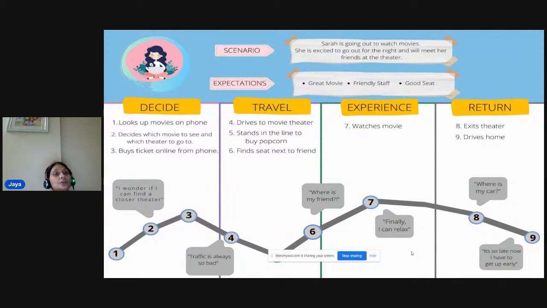Their experience should be really good, so that they come back again. Most importantly, whenever you go to a store, the staff should be really good, so that they can help and support you to make things happen, so that you can decide whether to buy that particular product or not.